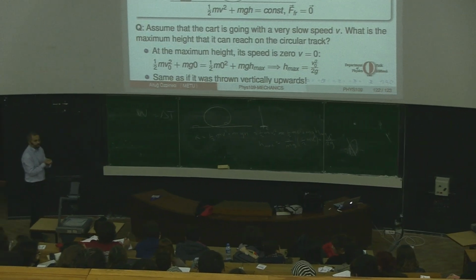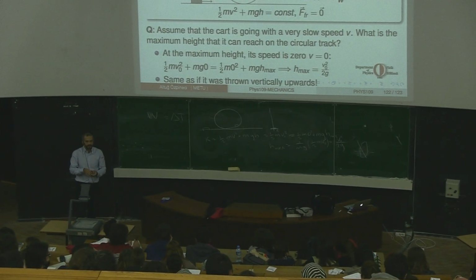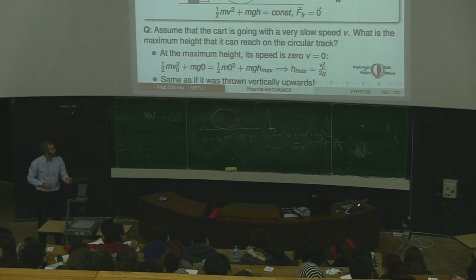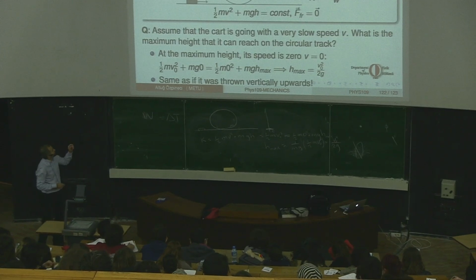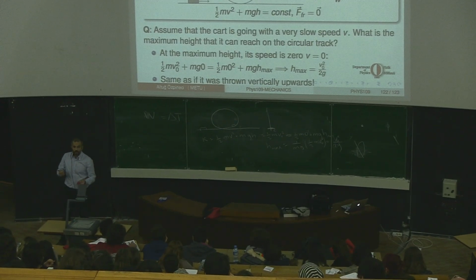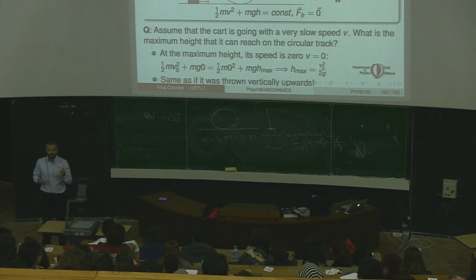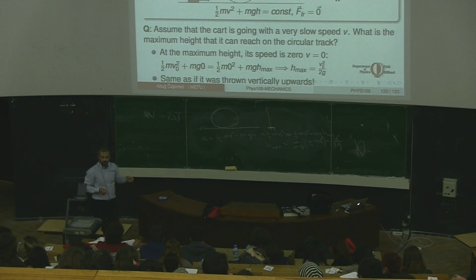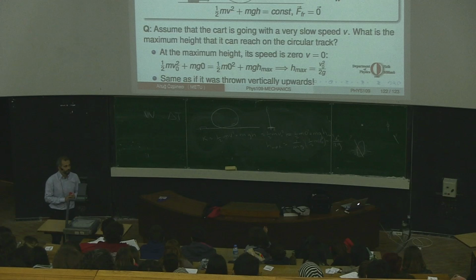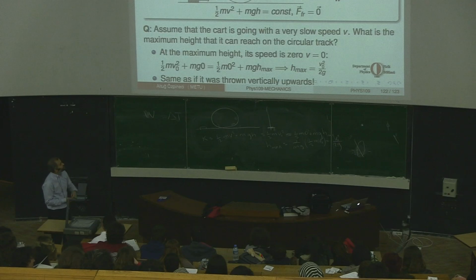So, well, that is kind of weird, no? I mean, if you take this mass, if I throw it vertically upwards, there is the gravity. Well, the change in the kinetic energy. Okay, no, let me put it this way. There is only gravity doing work on it. But in this roller coaster example, there are two forces.